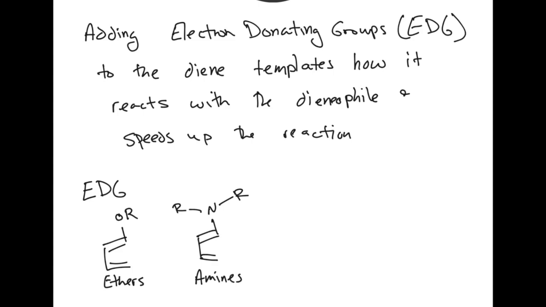Amines, normally just tertiary amines, but amines will work. And then thioethers. Thio is the prefix for just sulfur containing. So instead of an oxygen ether, it's a sulfur ether. And sulfurs basically just do everything oxygens do, but they smell worse doing it.